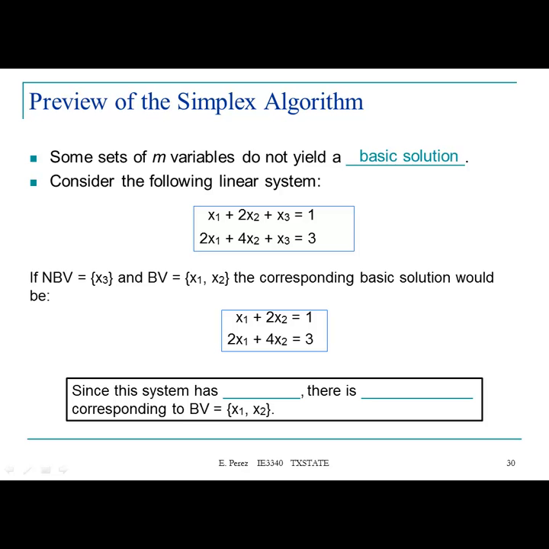If you try to find values for x1 and x2 that satisfy those constraints, it's not possible. So since this system has no solution, there is no basic solution corresponding to this group of variables, having x3 as non-basic and x2 and x1 as basic. So that's something else that can happen.